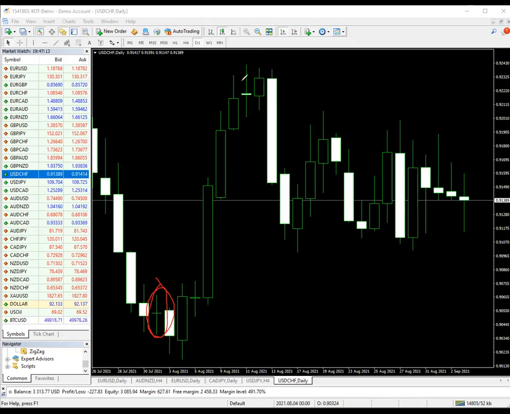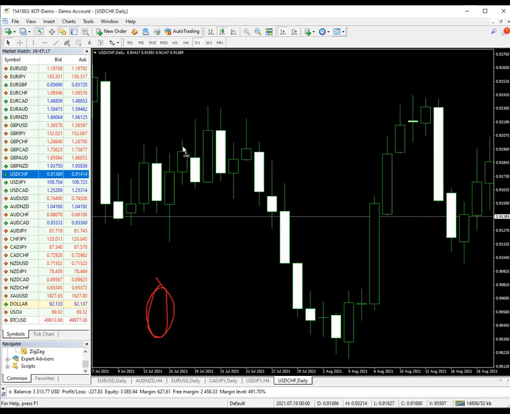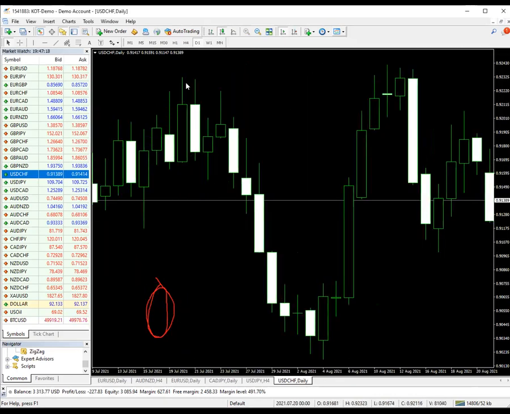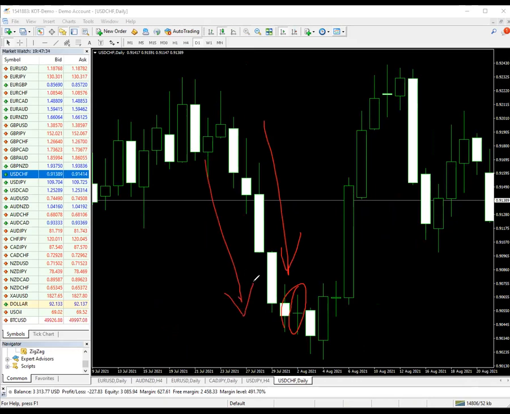Now, this is a downtrend, isn't it? Let me bring this in the middle, okay? So that you can see it well. Let me clear this. This is a spinning top here. Now, the market was a downtrend. This is USD/CHF, USD Swiss franc on the daily time frame, okay?